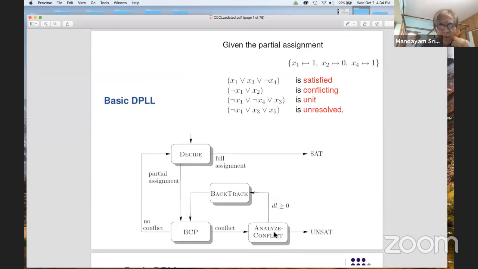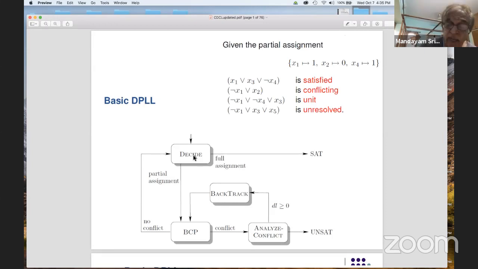For a moment, ignore this analyze conflict. You should be starting with a BCP on the original formula. If there's no conflict, then you check: if it reduces to true, then there's nothing more to decide.